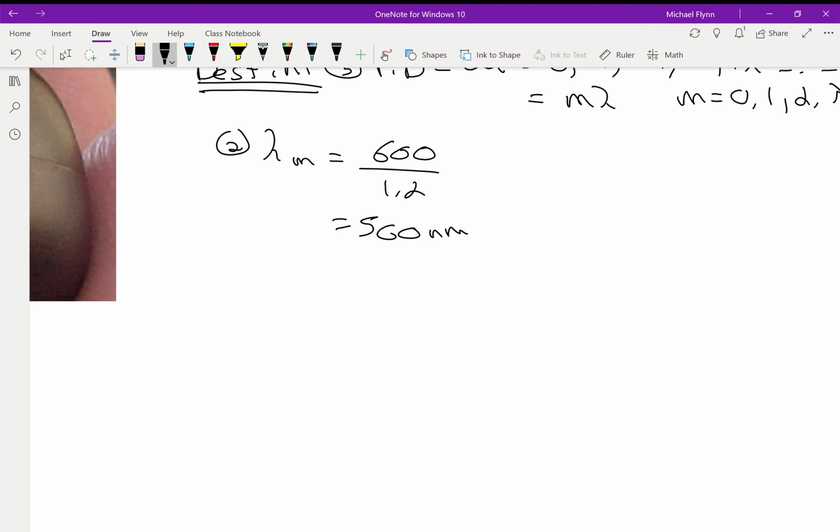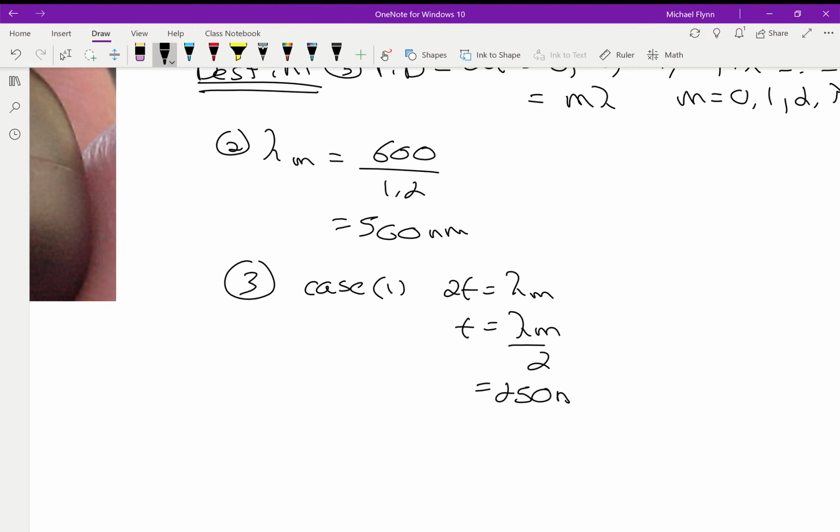Now, to do step 3, we'll do our cases. Case 1, 2t equals 1 wavelength. So t will equal the wavelength divided by 2. I take that number and get, of course, 250 nanometers.